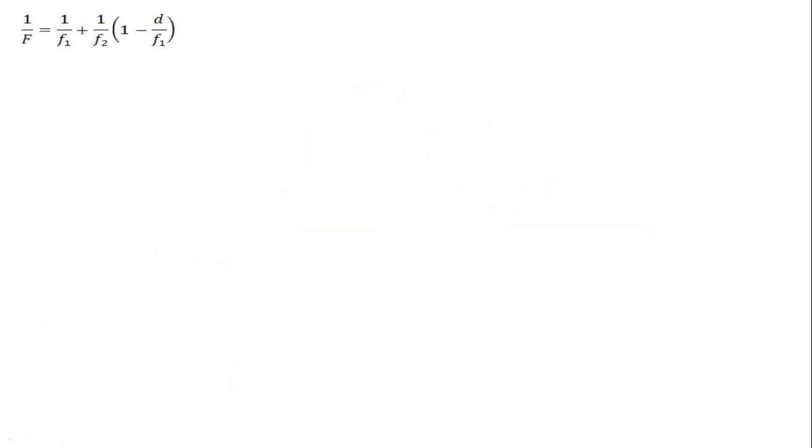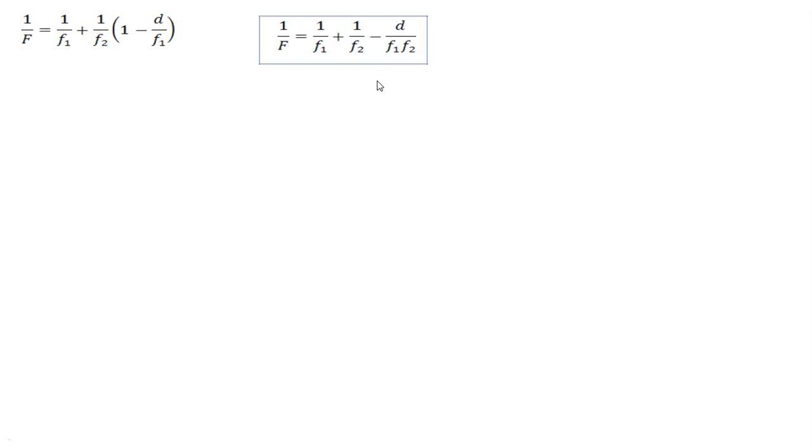Okay. Then multiplying, the equation becomes 1 by F is equal to 1 by F1 plus 1 by F2 minus D divided by F1 F2. Therefore, 1 by F is equal to 1 by F1 plus 1 by F2 minus D by F1 F2.